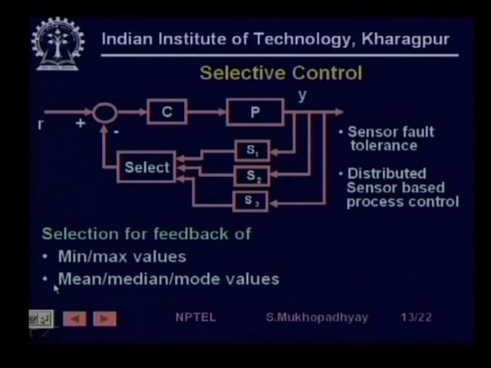So, selection of feedback for either minimum, maximum, mean, median or mode values, depending on various applications you could choose. This is selective control, a very common sense approach, but can sometimes give you significant protection from things like failures.